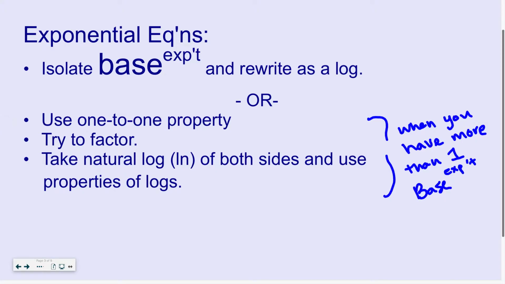So if you look at your equation and you have multiple exponents with variables in them, you might need to attempt the one-to-one property from section 3.1, where you rewrite them so they have the same base. You might have a trinomial that you could factor, and we'll look at an example like that so you can see what that looks like. And then this last one, I'm going to put a little star by it.